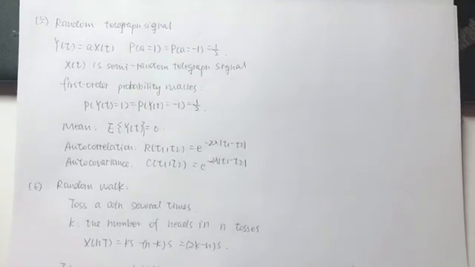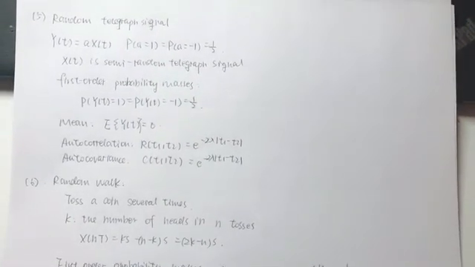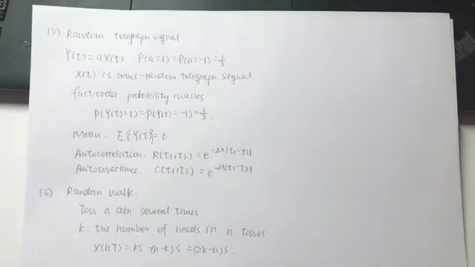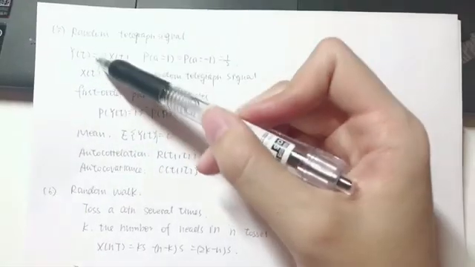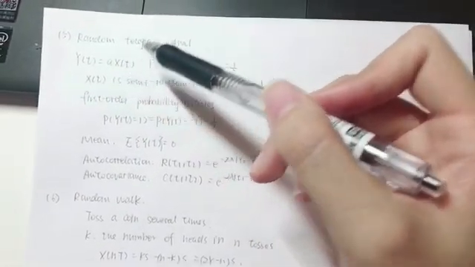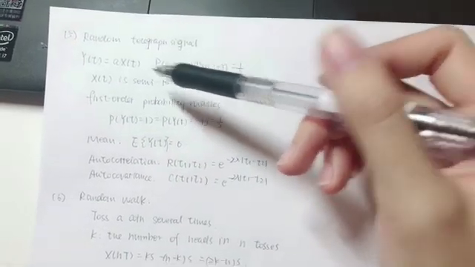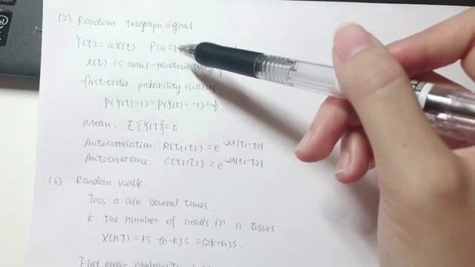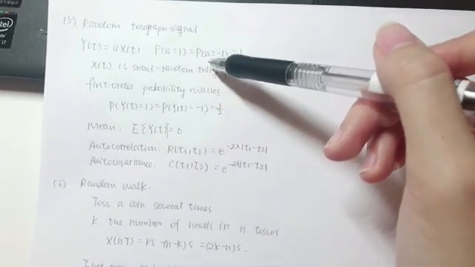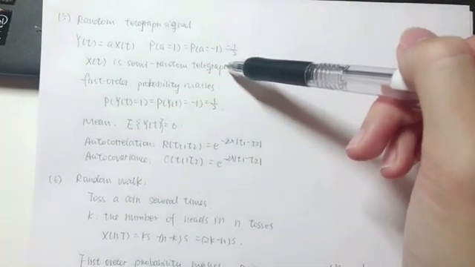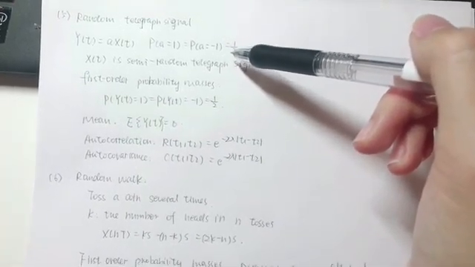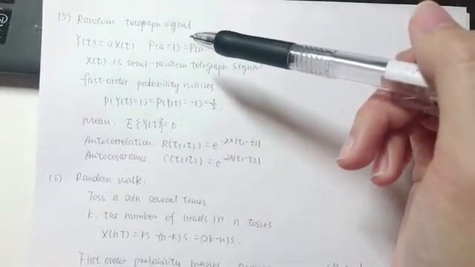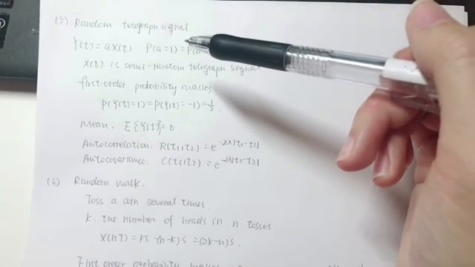Now let's come to the fifth question, the random telegraph signal. The definition of this process is y of t equals a multiplied by x of t. The definition of a is that p of a equals 1 and p of a equals minus 1 both equal 0.5, where x of t is a semi-random telegraph signal, as we have shown before.